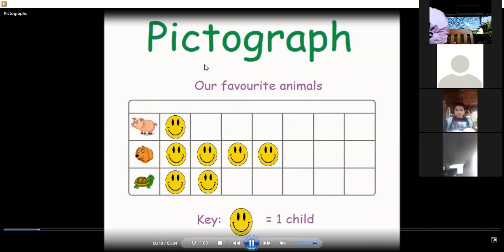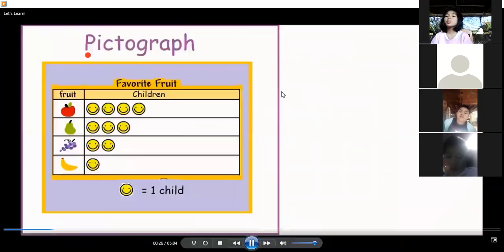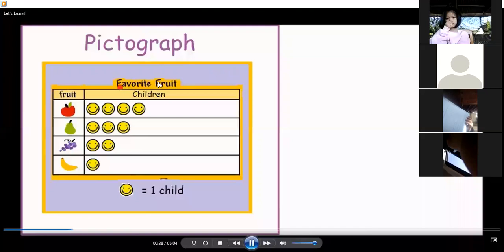Remember, our pictograph has to have a title to tell us what it is. Here the title is favourite fruit, so we know it's about favourite fruit.